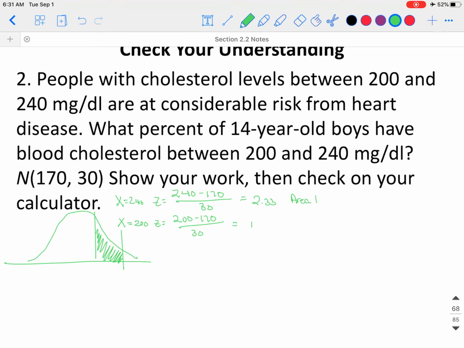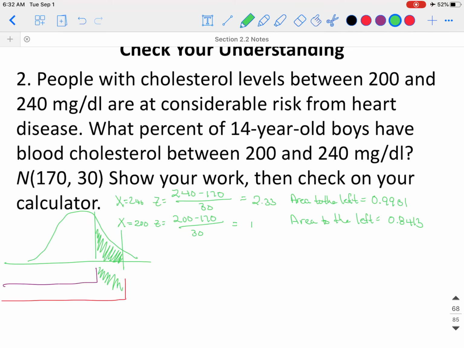So to find the area to the left, the first one is going to give us an area of 0.9901. And the area to the left of a z value of 1 is going to give us 0.8413. So the first one's telling us from here all the way over. The second one is telling us from here all the way over.